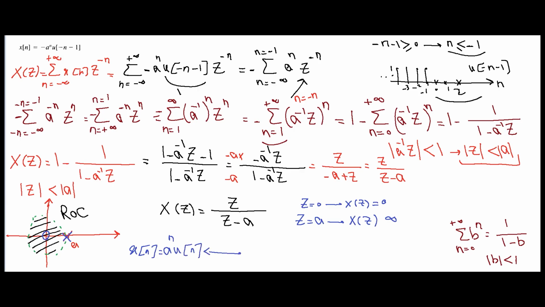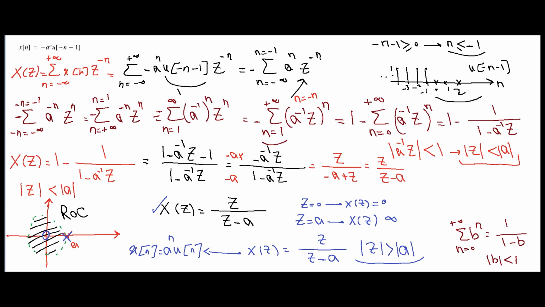You may notice that we previously solved another example with the signal a to the power n multiplied by u[n]. Its Z transform was also z divided by z minus a. So how can we distinguish between these two different signals if they have the same algebraic expression? The answer is simple. We must always pay attention to the ROC.